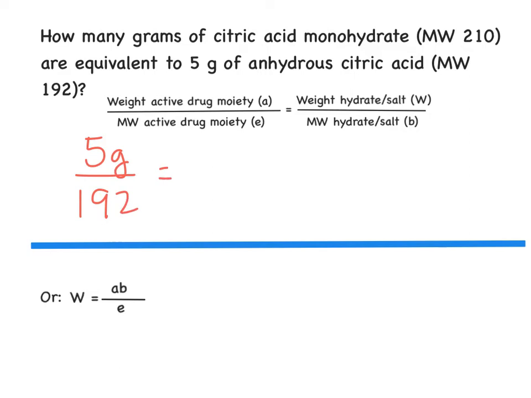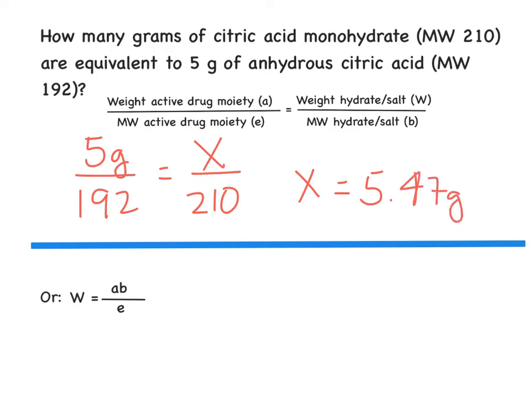We can set that equal to X over the molecular weight of the hydrate, which is 210. So if you plug that into your calculator, you come up with an X equal to 5.47 grams. So that's just solving that using a simple ratio.